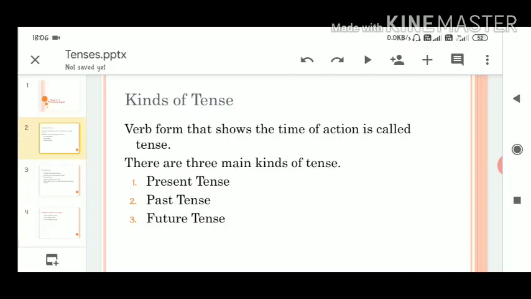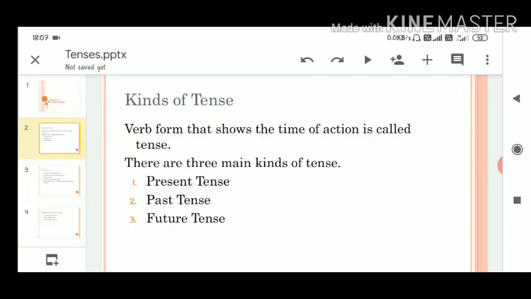Or different tenses. There are three main kinds of tenses: present tense, past tense, future tense. Present tense means when the action is done, or the action which takes place in the present time.